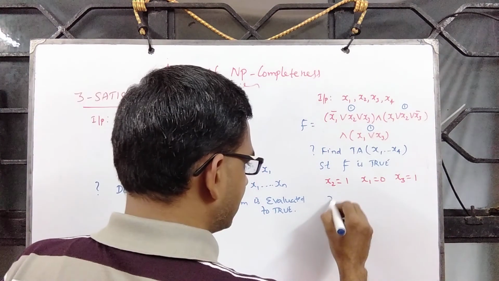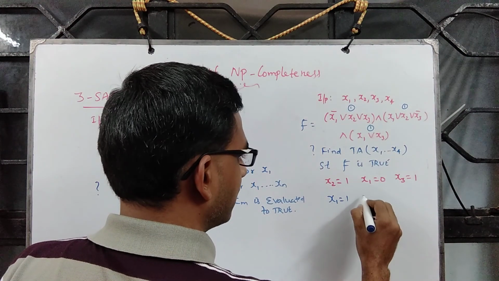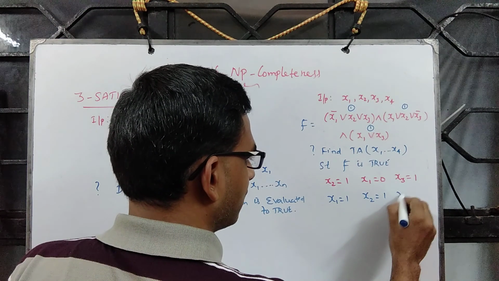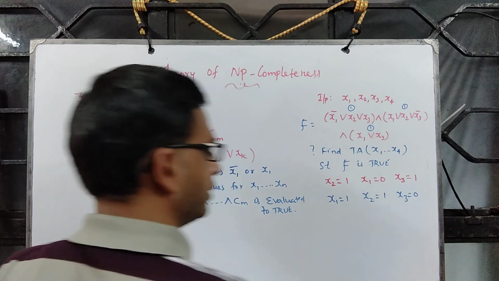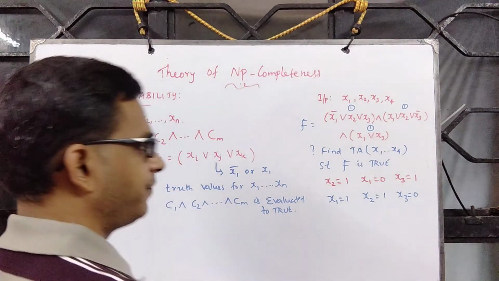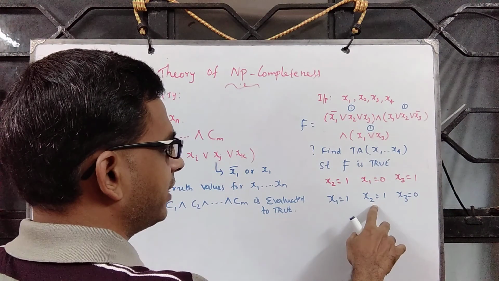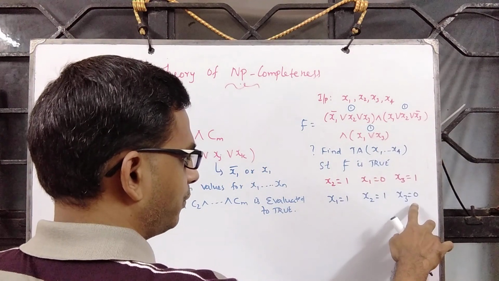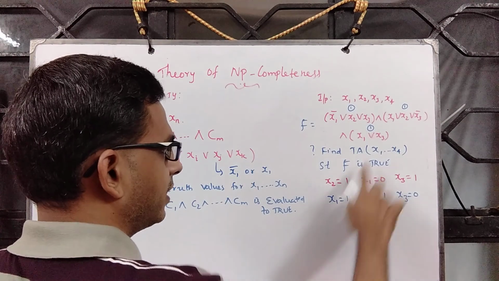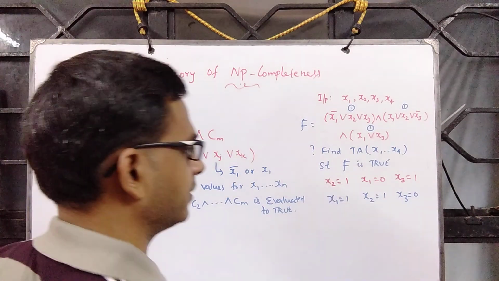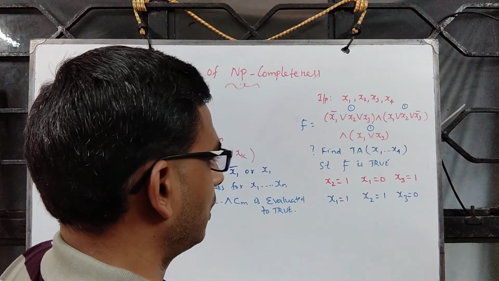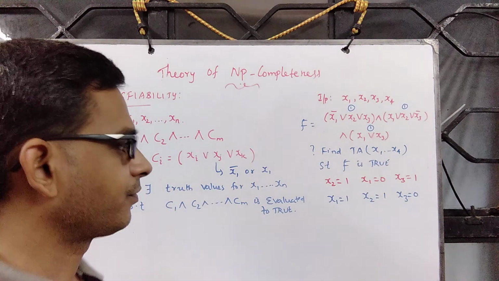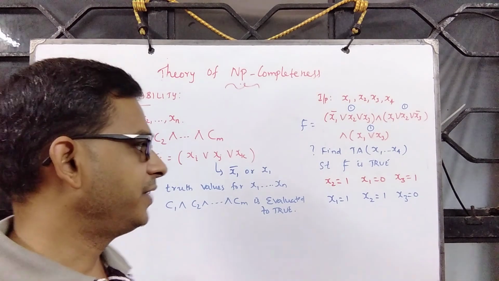And you can even say x1 is 1 and x2 is 1, x3 is 0. Now even for this, you see that because of this one it is evaluated to true, this one is evaluated to true because of this or this, then this one is evaluated to true because of this. So now, does there exist such a truth assignment or not? That's precisely what we ask for.